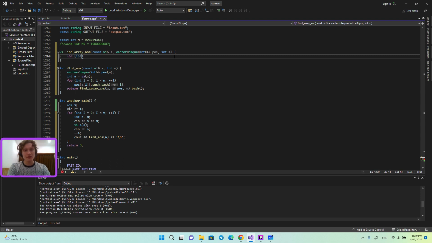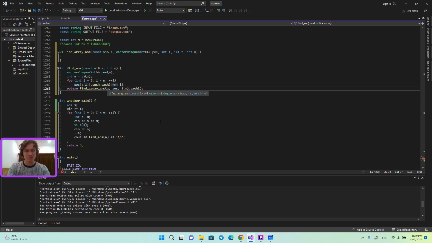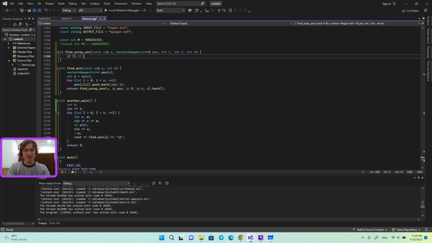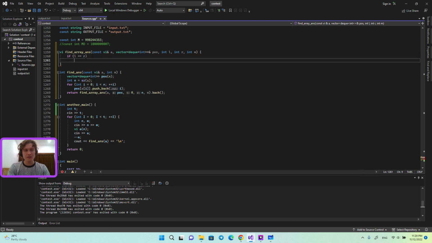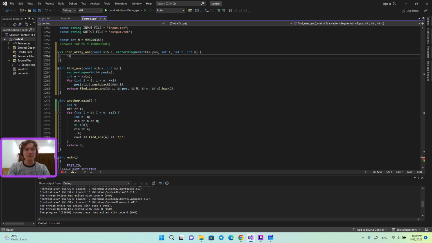So how do we do it? First of all, we go from, no. We also need to pass two positions. So if L equals R, no, we do not need to return in this case, do we?